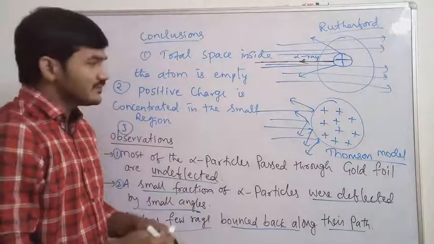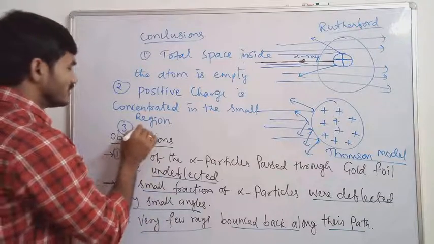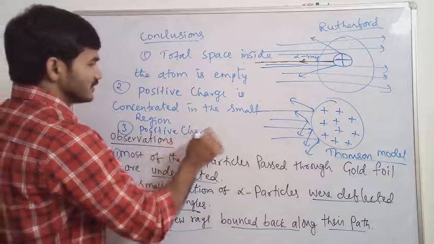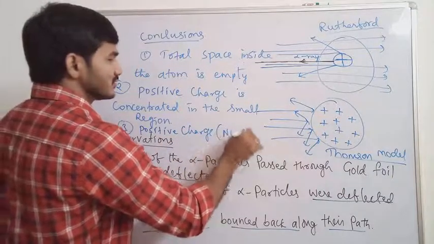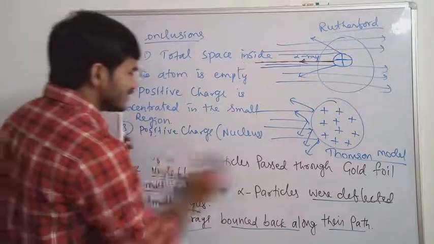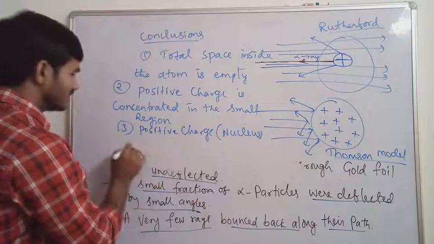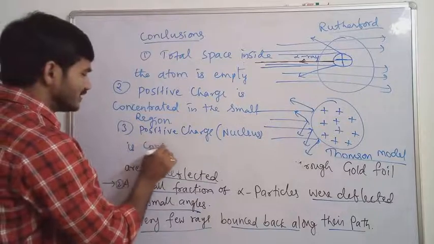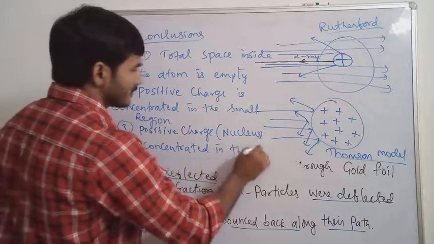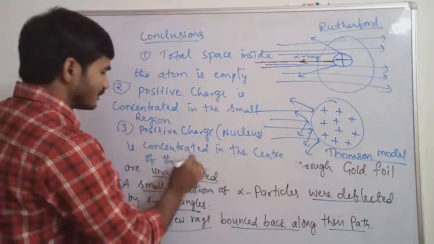As very few rays are bouncing back along their path, he gave the conclusion that this positive charge, he called the nucleus. This nucleus is concentrated in the center of the atom. The positive charge nucleus is concentrated in the center of the atom.